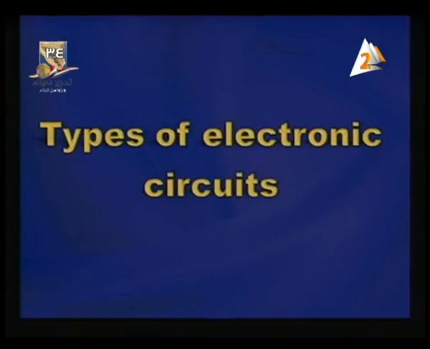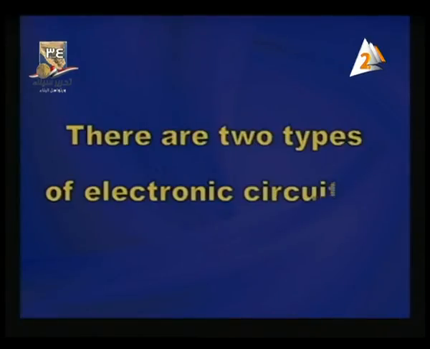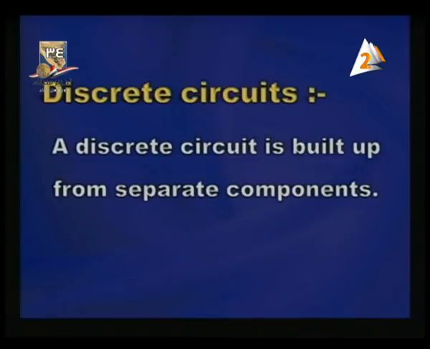And now talking about types of electronic circuits. There are two types of electronic circuits. The first type is the discrete circuit. A discrete circuit is built up from separate components.